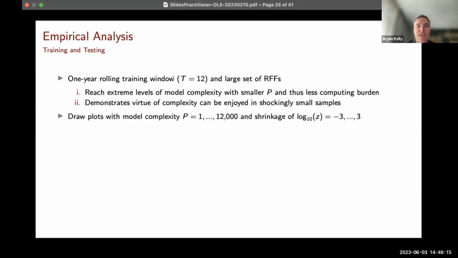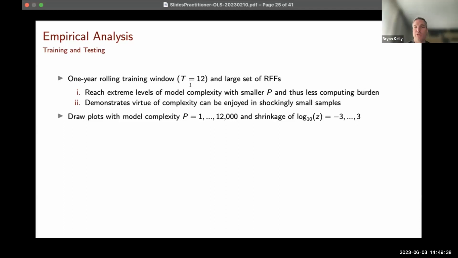In the results that I'll present here, I want to use a small number T. I'm actually only going to use 1 year of monthly training data for my analysis. In the paper, we do a whole range of analysis, different training windows. I'm going to show you the T equals 12 results here for 2 reasons. One is that when T is smaller, I can get to a high complexity faster, right?